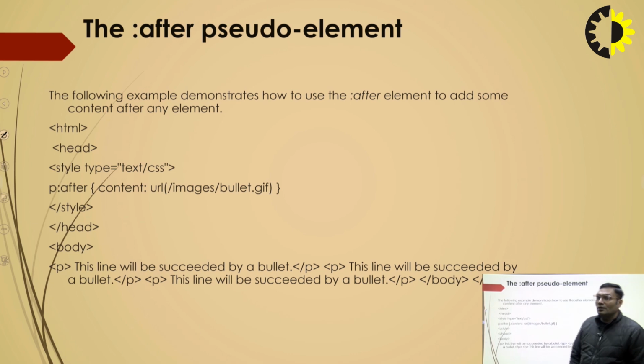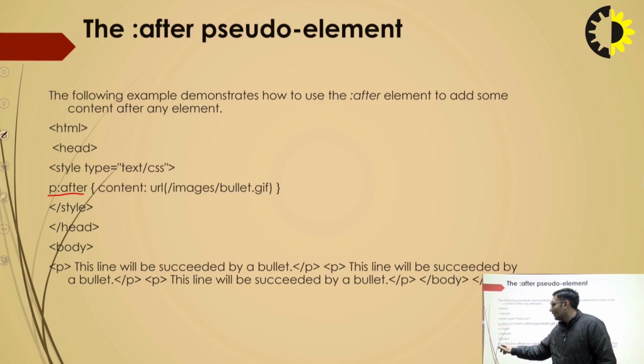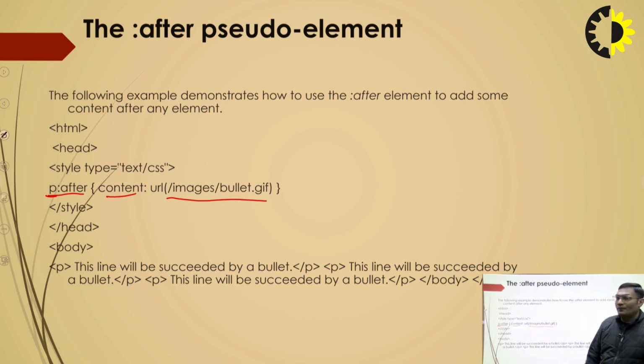We can use the colon after pseudo element as well. We just change to p colon after, and everything written after this paragraph will be changed as per this property and value. So in this way we can use pseudo element. And that's all for this lecture.